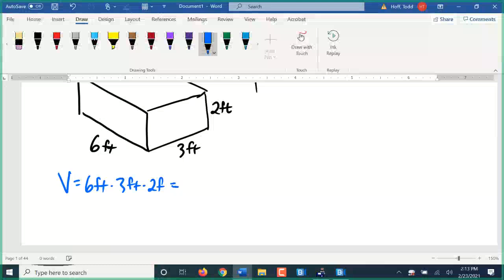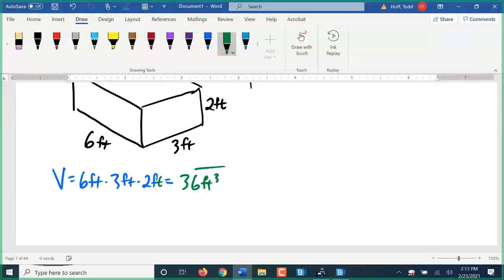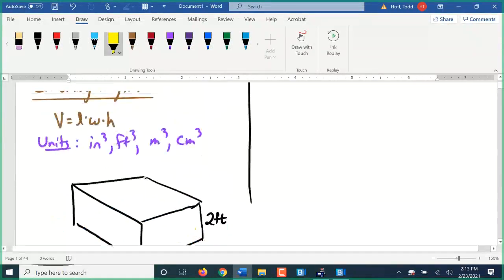Well, 6 times 3 is 18. Feet times feet is feet squared. 18 feet squared times 2. 18 times 2 is 36. Feet squared times feet is feet cubed. It's 36 feet cubed, or 36 cubic feet. That shows that volume unit is just a length unit to the third power, or cubed.